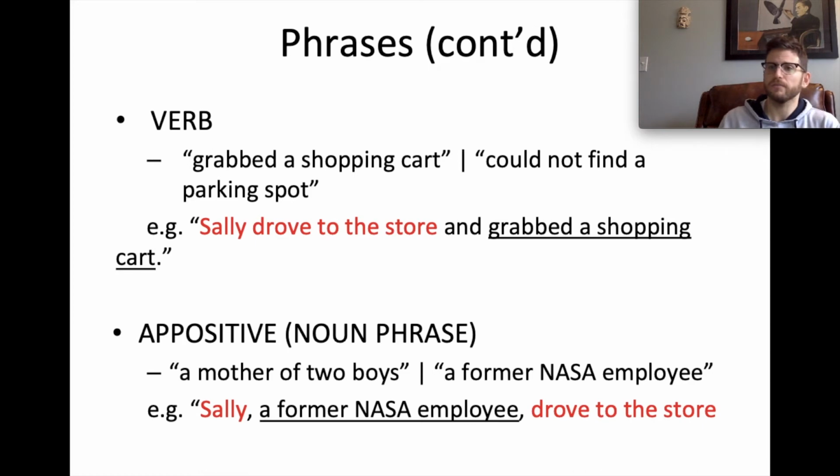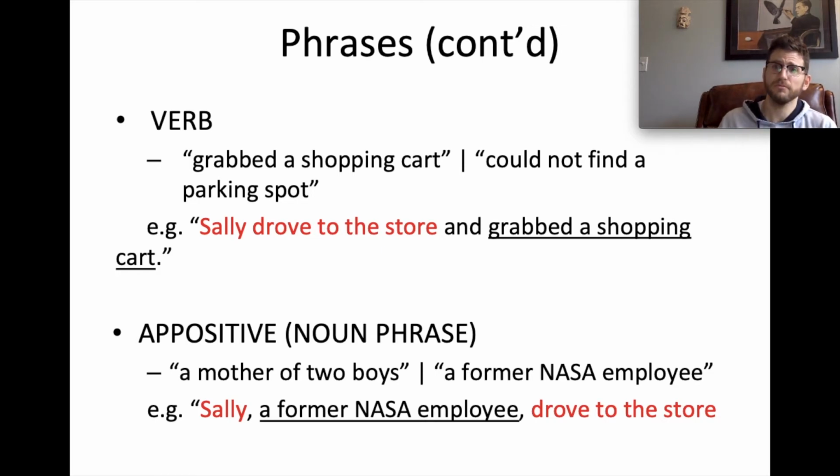Okay, so look at how we can add that noun phrase to a sentence like Sally drove to the store. So I give you two examples of noun phrases there. A mother of two boys, a former NASA employee. And you'll see that Sally, a former NASA employee, drove to the store.